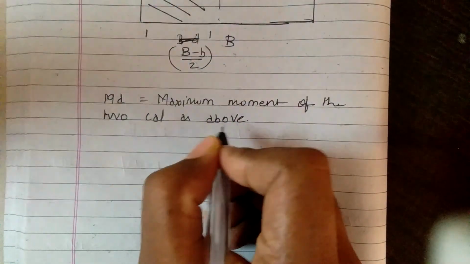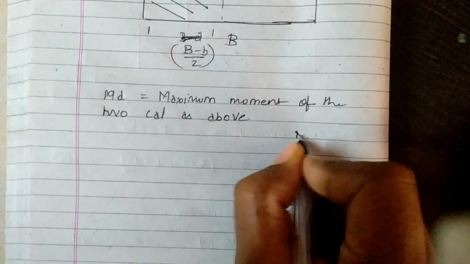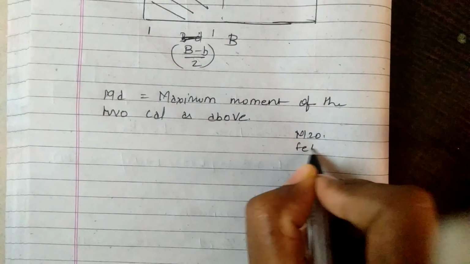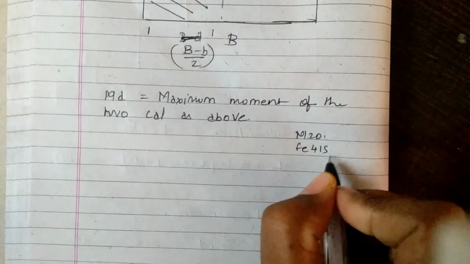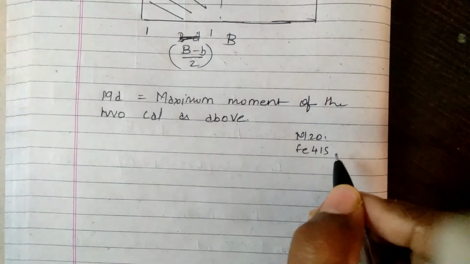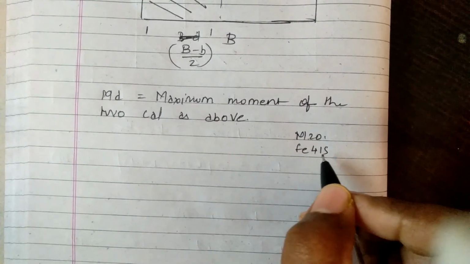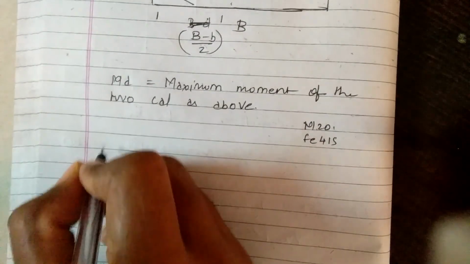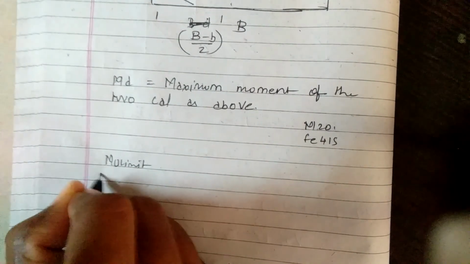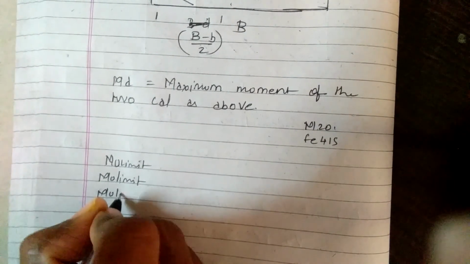Now the bending moment calculation generally depends upon the concrete mix and the grade of steel. For example, depending on the grade of steel, the value of FCK and the value of Fy, the value of Mu limit varies.